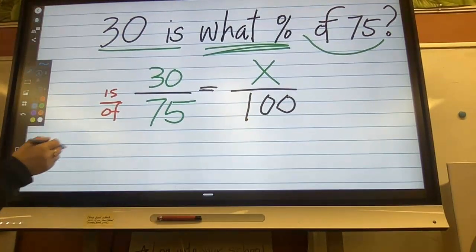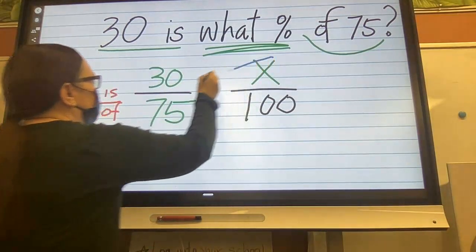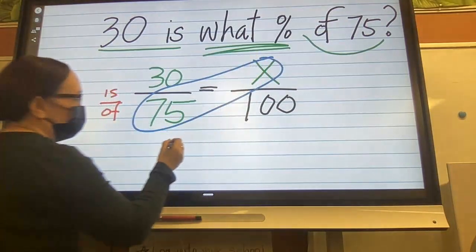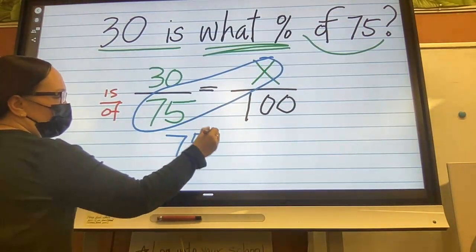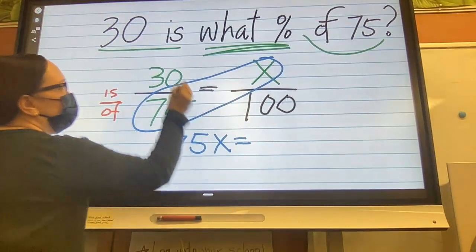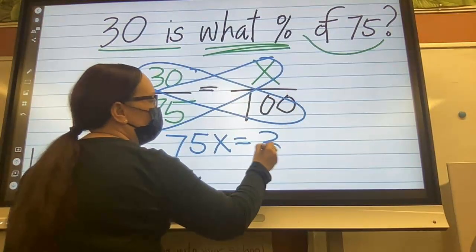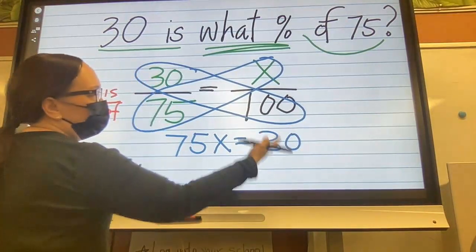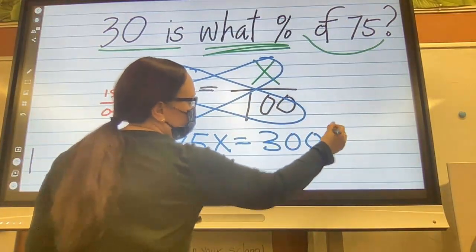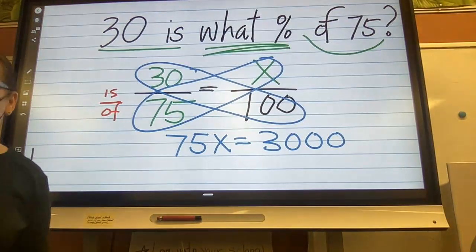We cross multiply. We always do it first where your x is. So 75 times x is 75x. And then 30 times 100 is 3,000. What's our next step?